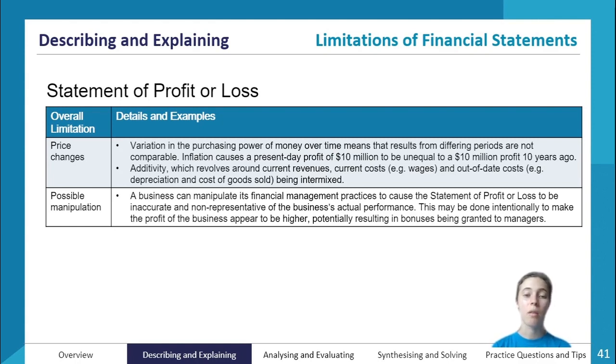That is difficult to do because of those differences in the purchasing power of money and the situation that the economy is in. So inflation, which you probably know about from the cost of living crisis recently, causes the present day profit of, say, 10 million to not be equal to the 10 million profit from 10 years ago.